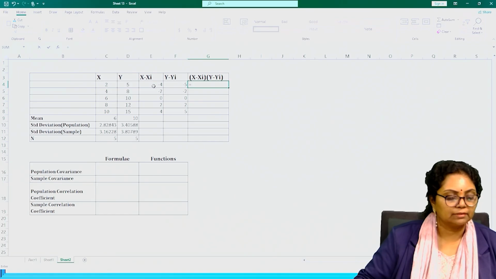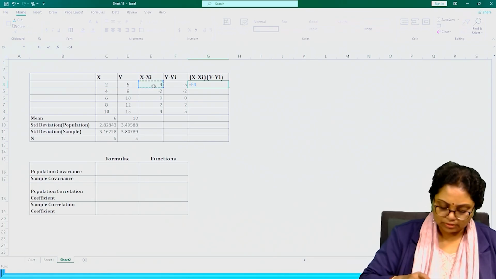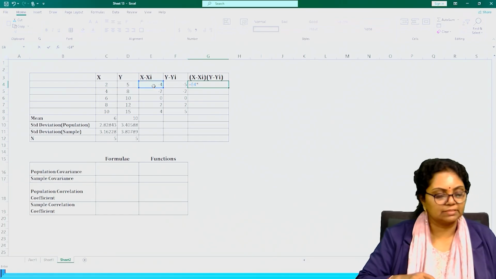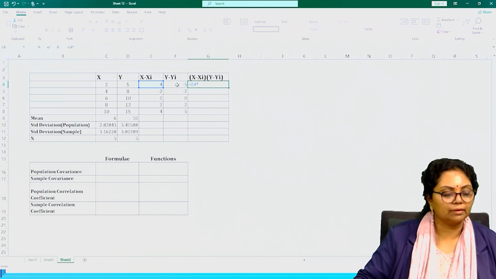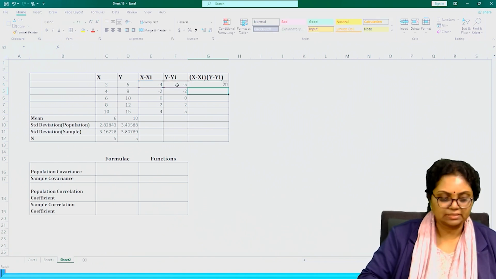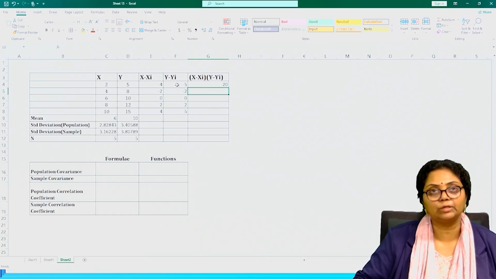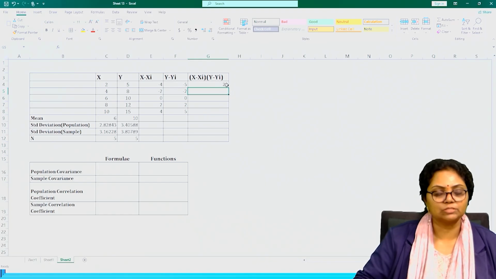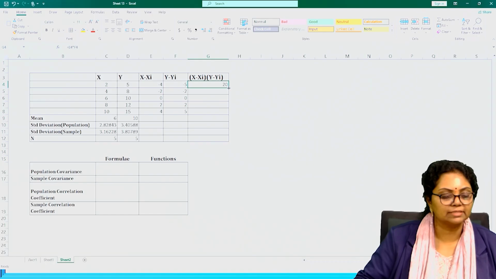Now select cell E4 multiplied by, means asterisk symbol, F4 and press enter. So minus 4 into minus 5 is plus 20, because minus into minus becomes positive. So simply drag the values.